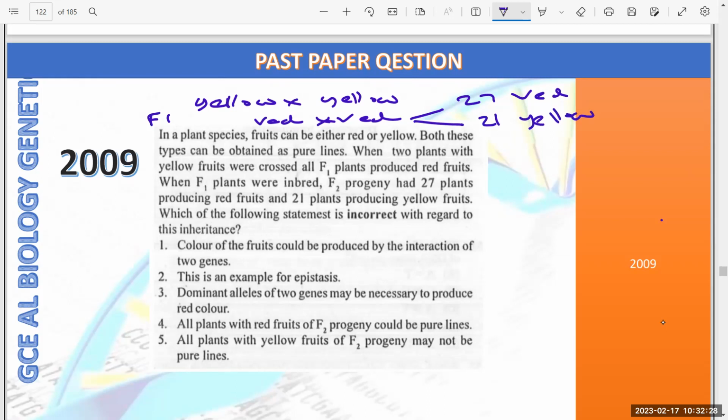Which of the following statements is incorrect with regard to this inheritance? Okay, first of all, the 27 and 21.